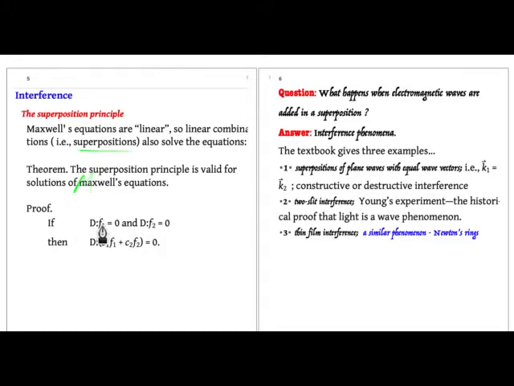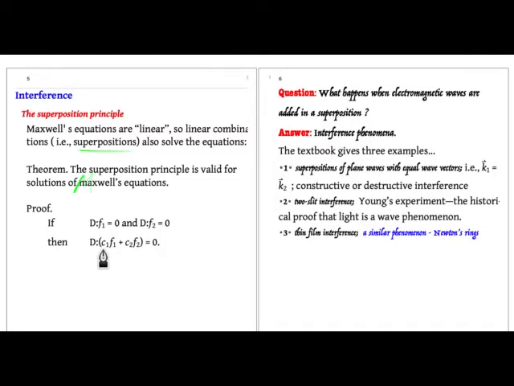So the field would be a combination of electric and magnetic fields. All right, so that's Maxwell's equations. D really stands for four equations, and it's linear. And here's another solution: the same differential operator D, acting on some other function F2, is zero.